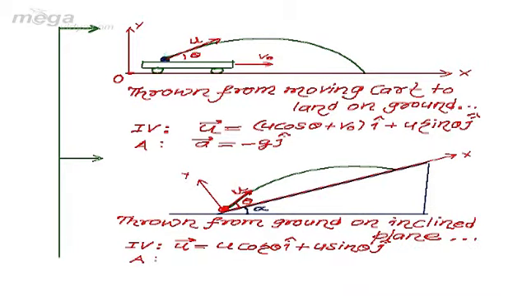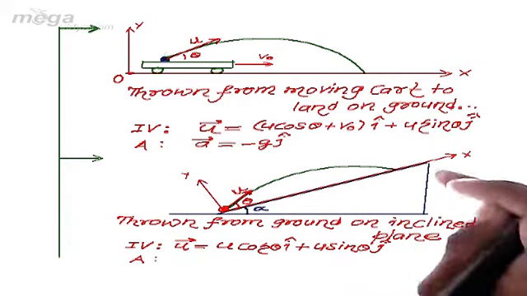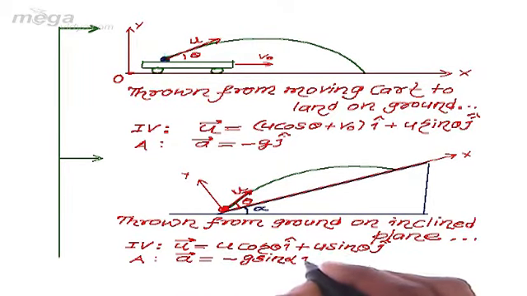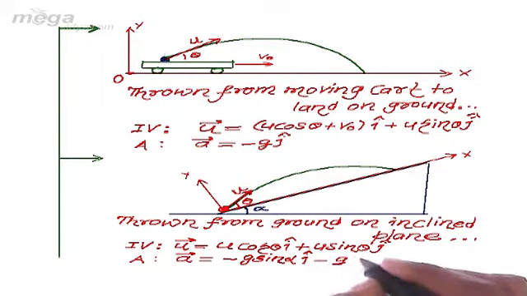But the acceleration is quite different for this particular reference frame, which can be written as vector a equal to minus g sin alpha i cap minus g cos alpha j cap.